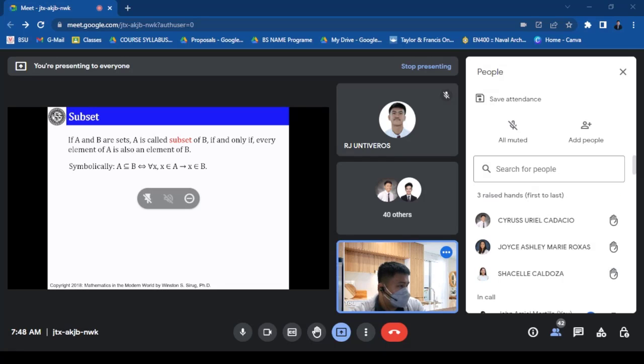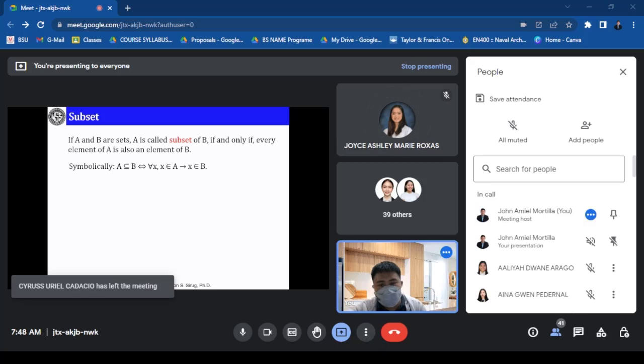Joyce, pa-remind nga ako nito. For all po. Okay, for all X. So, ang correct reading natin dito is A is a subset of B if and only if for all X. Tama ba yun?